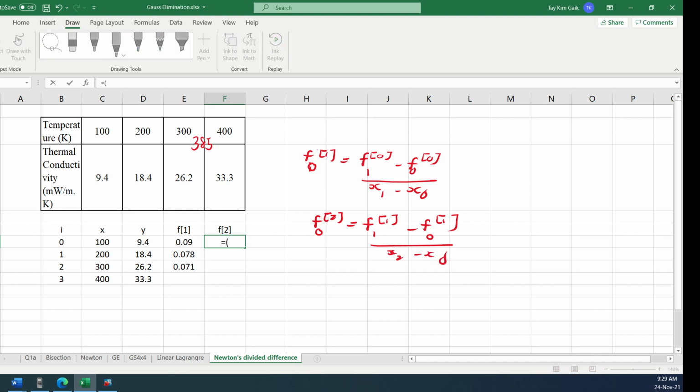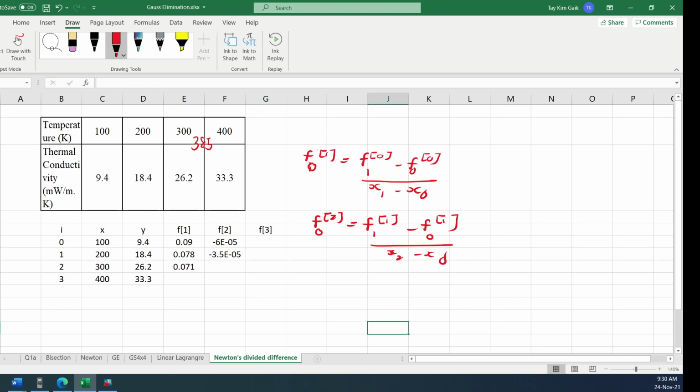The numerator is the previous column, the next row minus the current row. Only the denominator is confusing: 0 plus 2 is x2 minus x0. Then you copy it down. So you get up to F3, because the last one must be only 1. So you need the third level Newton divided difference.